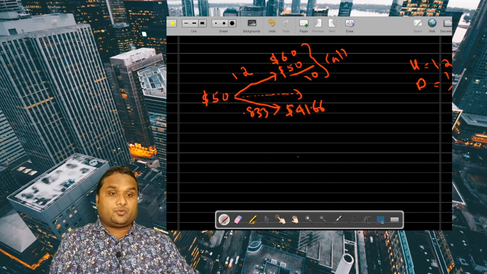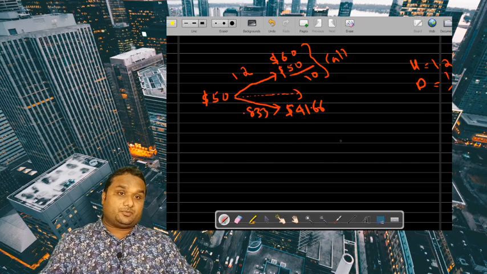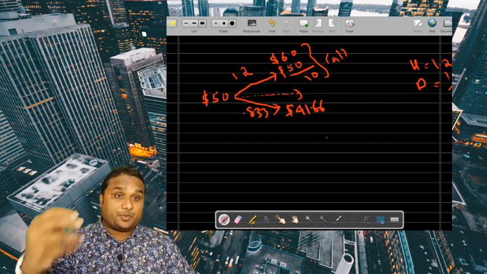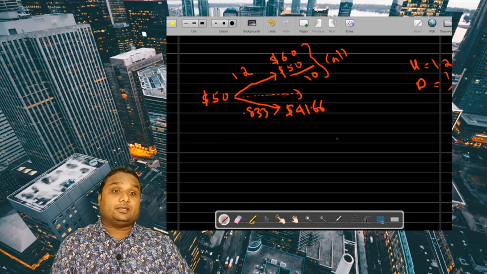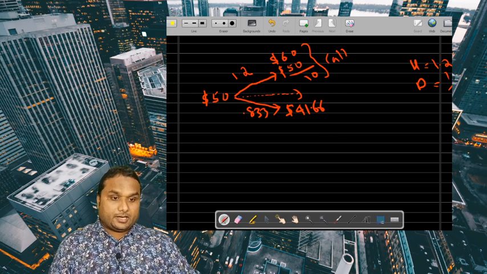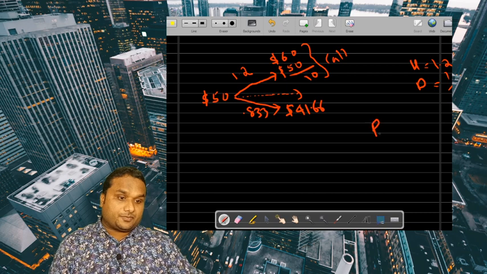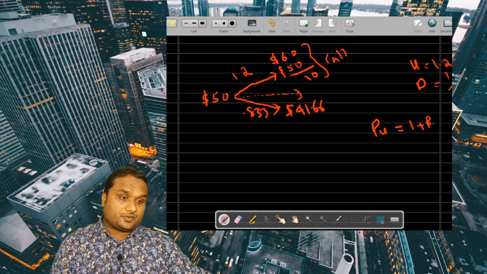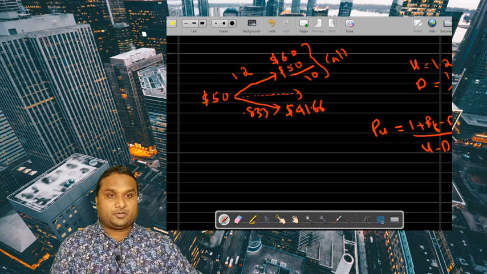Now in the binomial model, we are computing the probability and finding what price is to be given for this call option. For computing that, there is a probability of upward movement as well as a probability of downward movement. The probability of upward movement is 1 plus the risk-free rate minus downward movement, divided by upward minus downward.